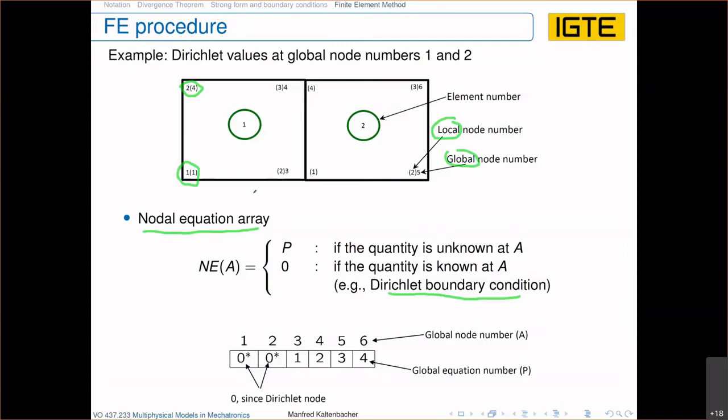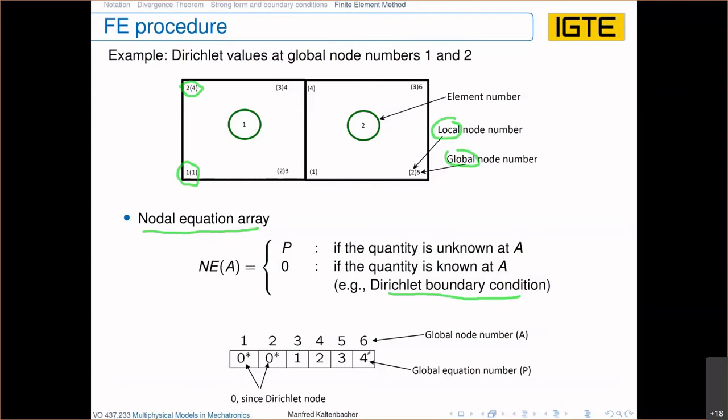Then we have it as follows. As you can see in this array, for global node 1 and global node 2 we give 0 because we already know the solution; there we have a Dirichlet boundary. Then we go on with nodes 3, 4, 5, and 6, and in ascending order we give the equation numbers 1, 2, 3, 4.